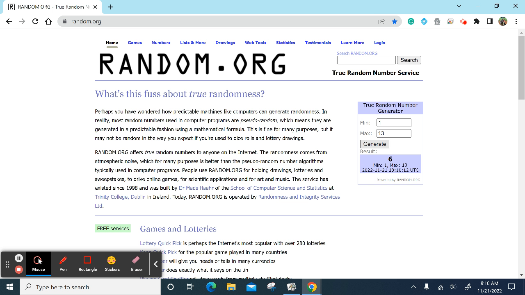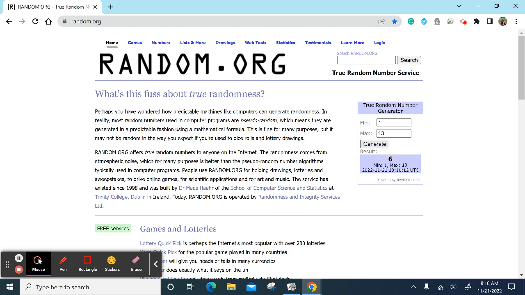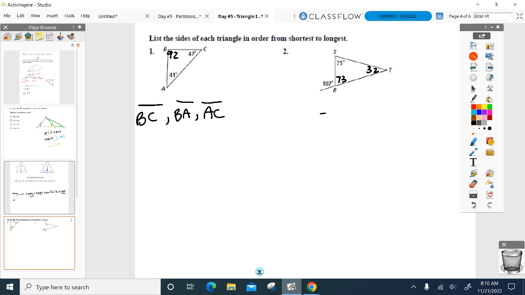Is it 32 for STR and 73 for the one that's stuck? You got it, Nate. 73, 32. All right, shortest to longest. What do you got for me? Shortest, SR followed by ST. Yep, and then RT. Everyone's good? Shortest side across from smallest angle.